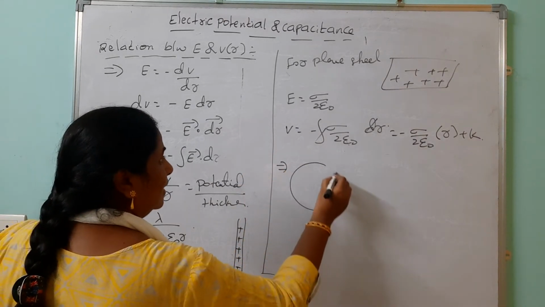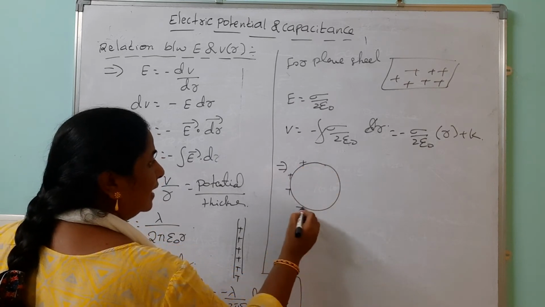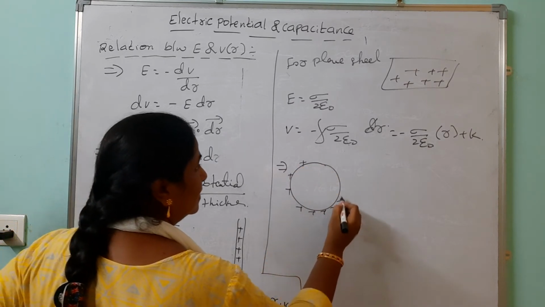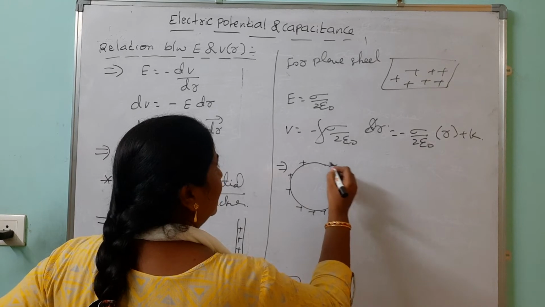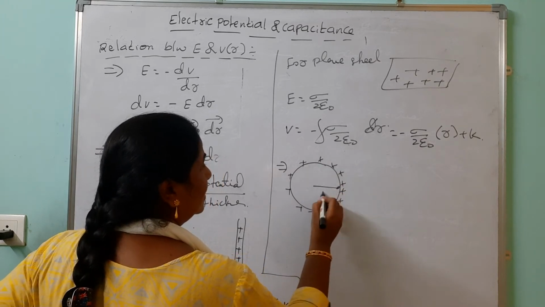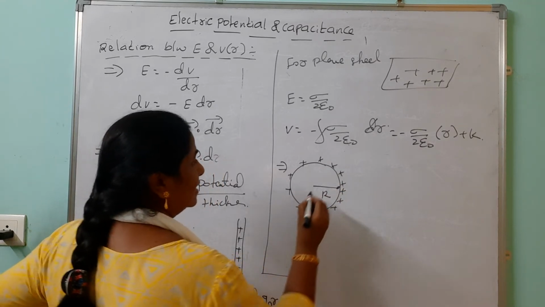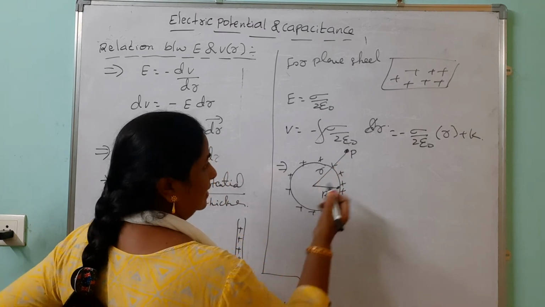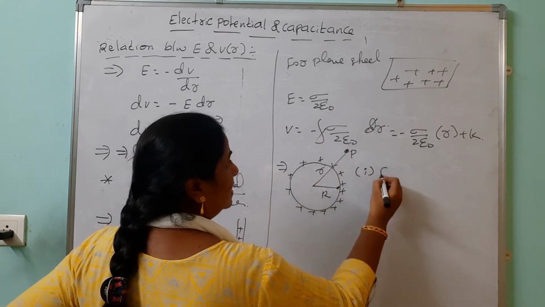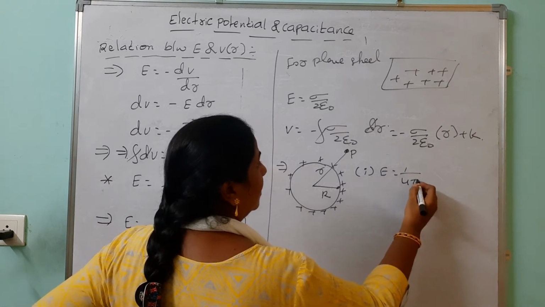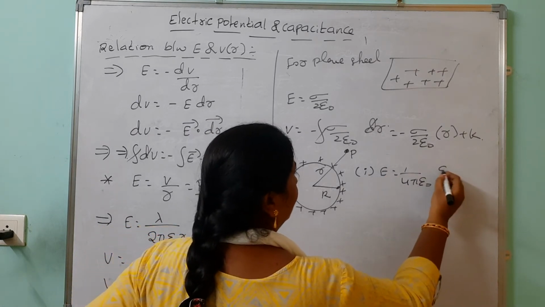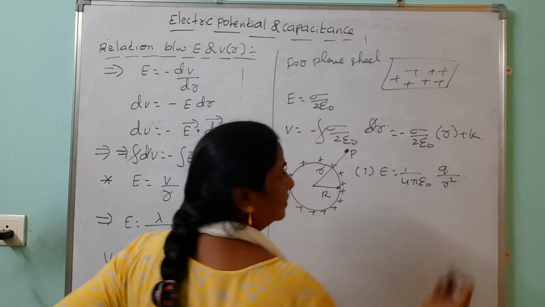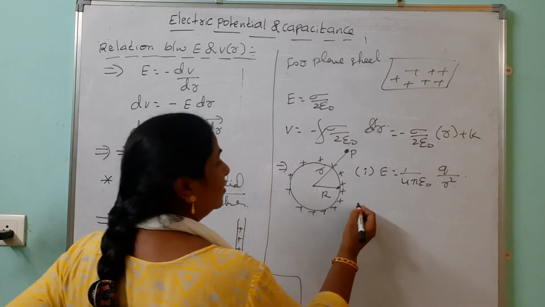One sphere, a conducting sphere means the entire charge is distributed on the surface. Outside, inside, this radius is how much? R. We should consider a small r at point P. This is the distance. First case, intensity, what is the formula? 1 by 4 pi epsilon naught Q by r square. So here, how to find out the potential?